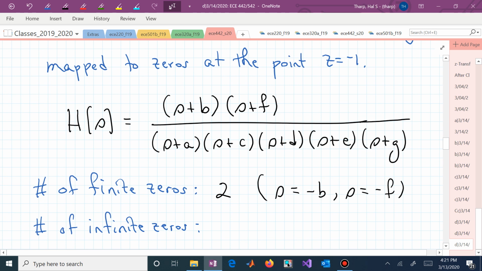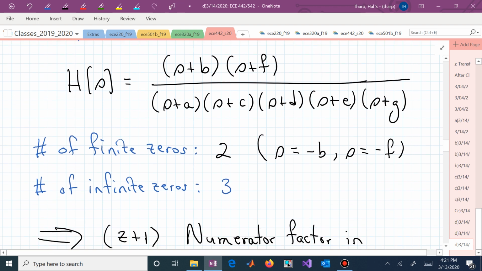Well, now we need to compare the number of finite zeros with the number of poles in our denominator. If we look at the number of pole factors, we're assuming that these are all real. We have 1, 2, 3, 4, 5 factors, so the number of infinite zeros is 5 minus 2, or 3.